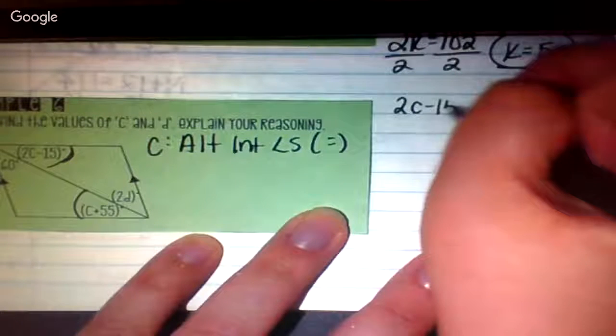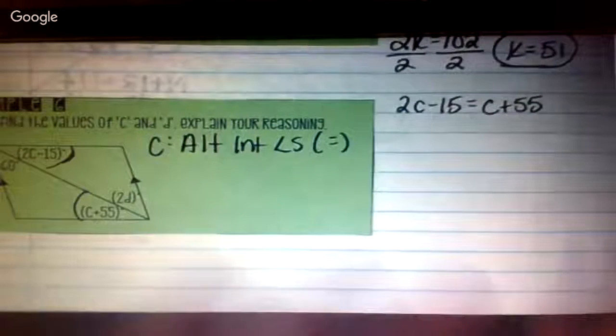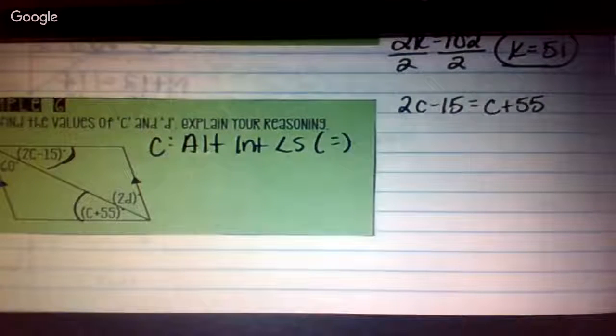2C minus 15 equals C plus 55. Do you have like terms? No. Remember, combining like terms means the like terms have to be on the same side of the equal. They're on opposite sides.